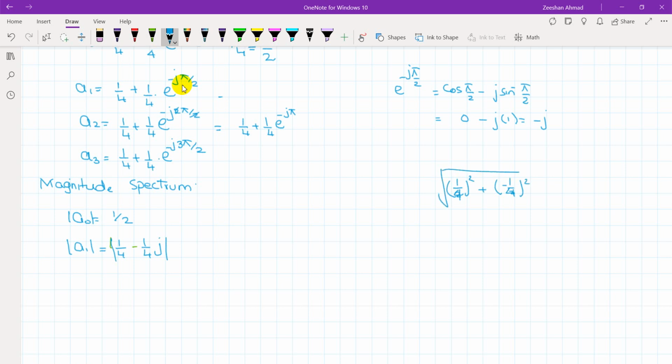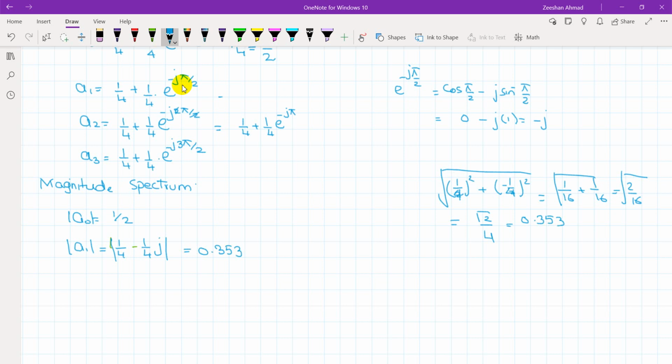That means I will have 1 by 16 plus 1 by 16, which will be 2 by 16, and it is equal to square root of 2 by 4 here. So when you solve it, you will get 0.353. At least this is the value I got.